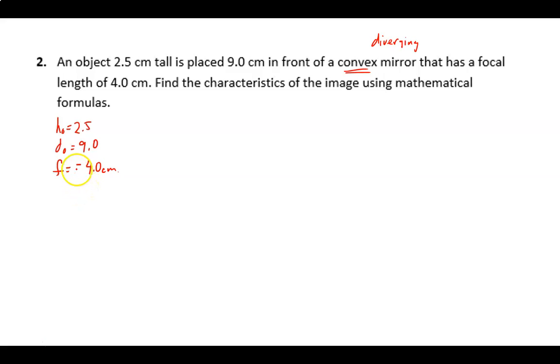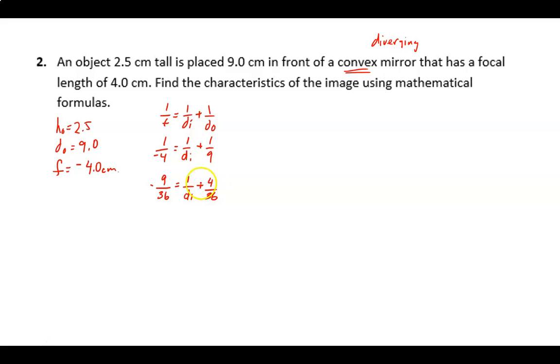We're doing the same thing, except we've got this negative focal length. So 1 over f is equal to 1 over di plus 1 over do. 1 over negative 4 is equal to 1 over di plus 1 over 9. So that would get you negative 9 over 36 is equal to 1 over di plus 4 over 36.